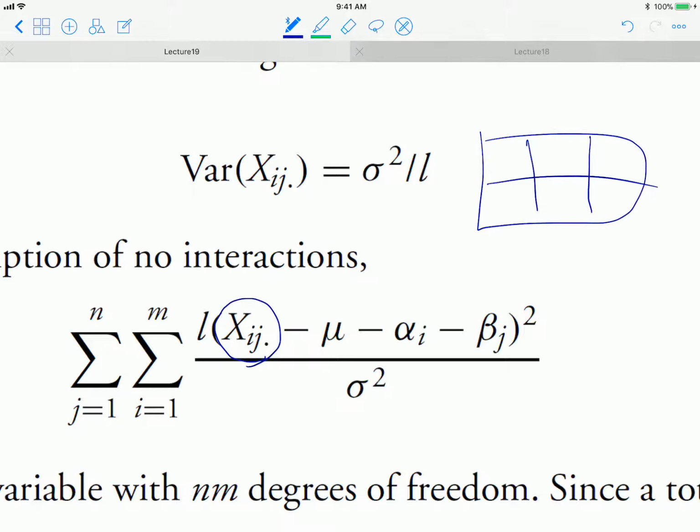Okay, so again, in this setting, 2 times 3, each cell containing 10 observations.